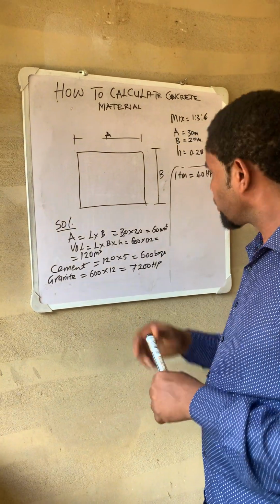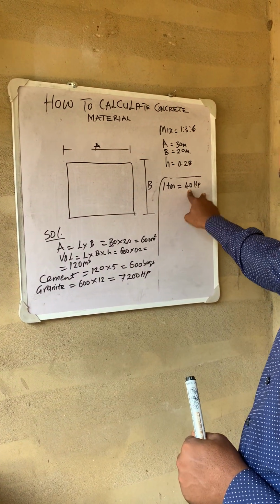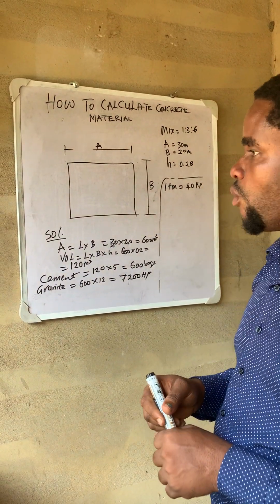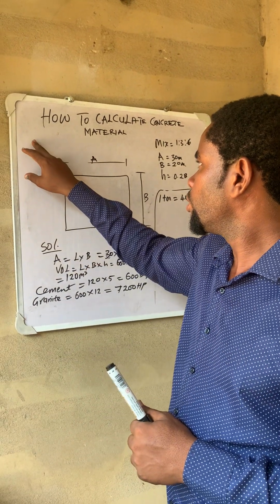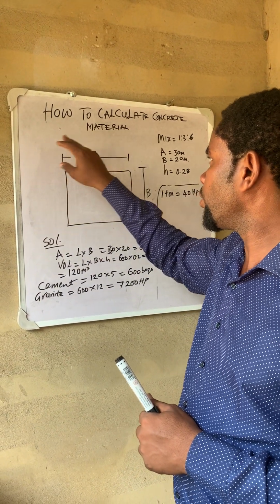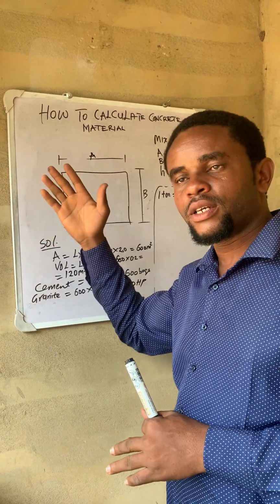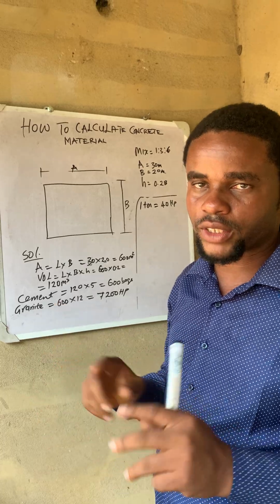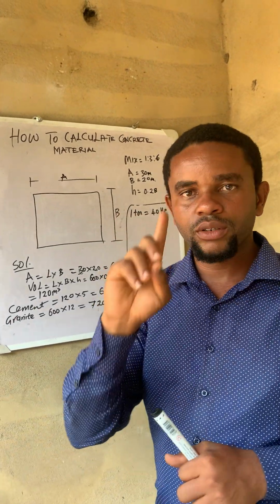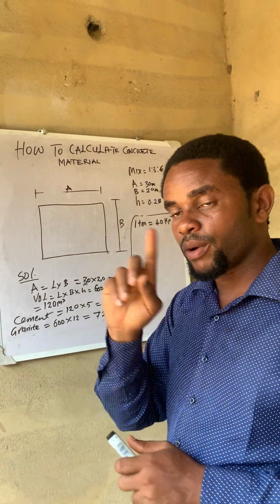How do you calculate that? 1 head pan of granite weighs 25 kg. 1 ton is equal to 1,000 kilograms. So 1,000 kilograms divided by 25 will give us 40. So 40 head pan will make 1 ton.